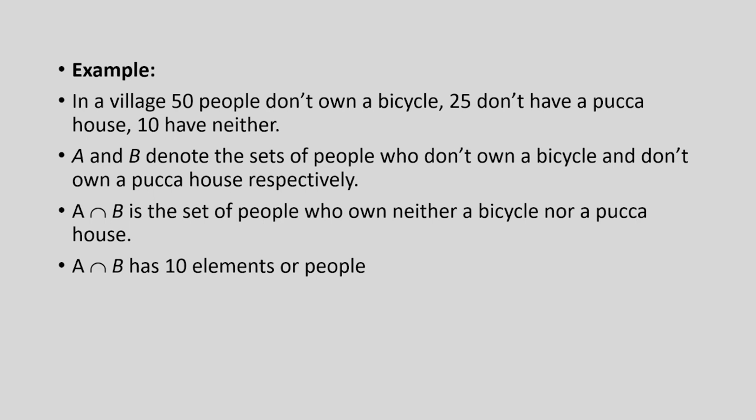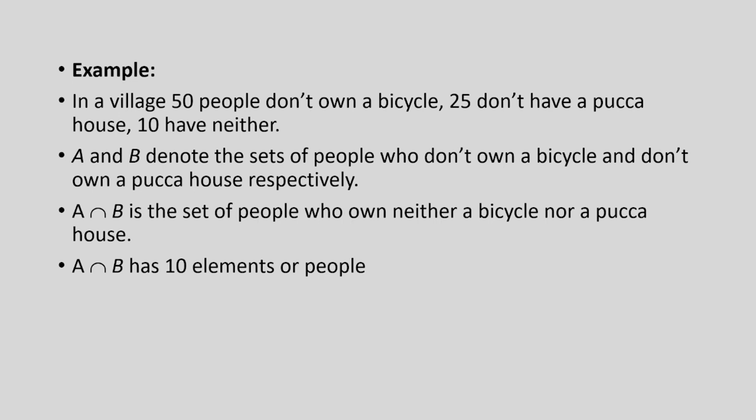Mind you, we are not saying 25 have a pakka house, we are saying 25 do not have one. And 10 people have neither. So, they neither have a bicycle nor a pakka house.